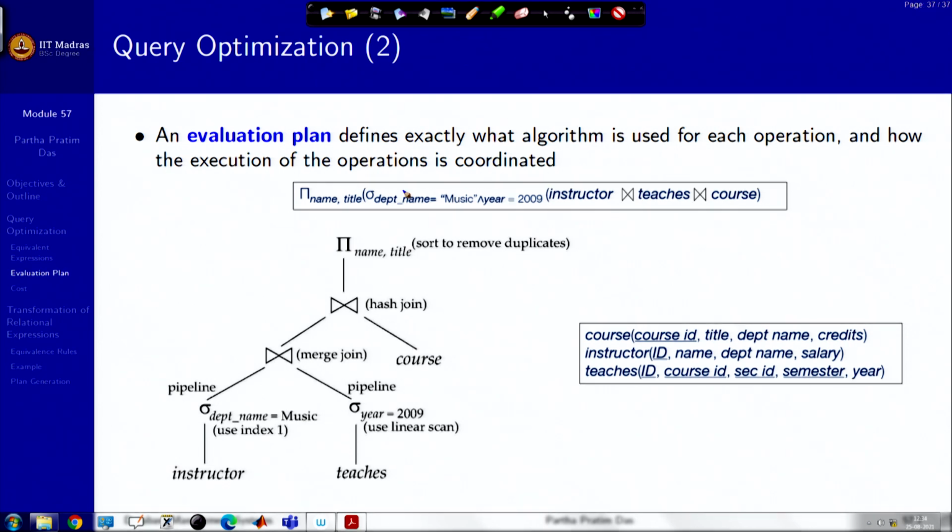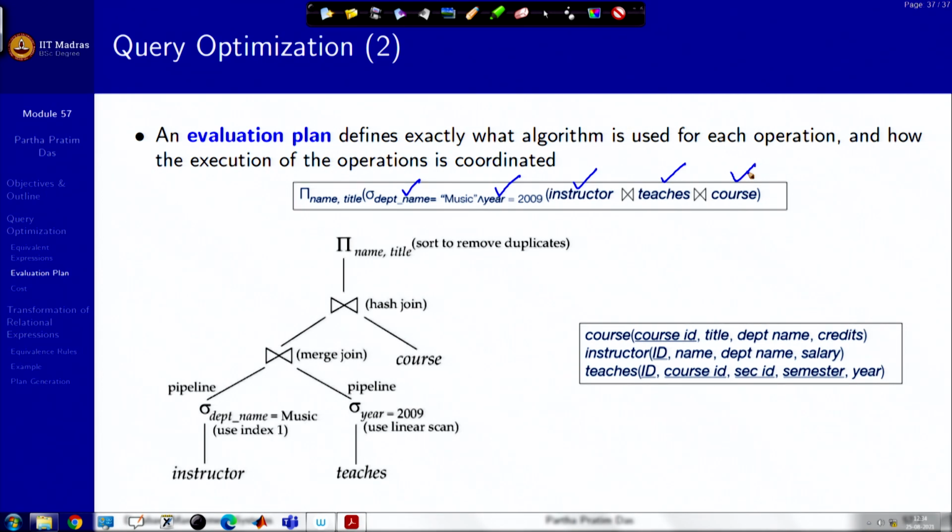So, you have two conditions here, and naturally three relations are involved. Instructor has instructor information, course has course information, and teaches relates instructor with the course, who is teaching what. So, you need to join all these three. This part you understand.